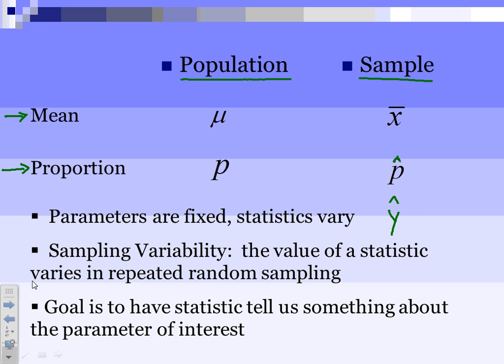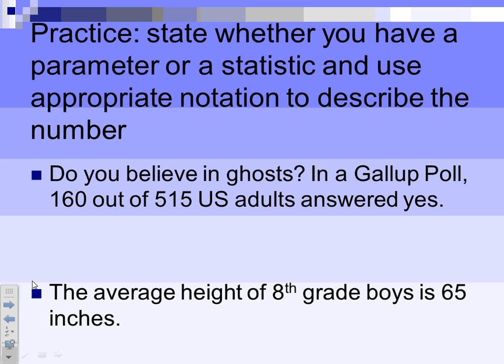You're going to have different p hats. The sampling variability is that the value of a statistic varies in repeated random sampling. Well, we just discussed that. But the goal is to hopefully have x bar tell us something about mu, or p hat tell us something about p, so that we can use that to make decisions in our analysis.